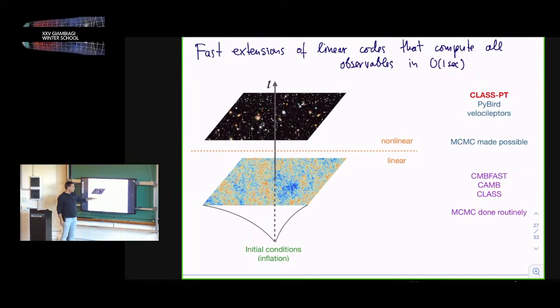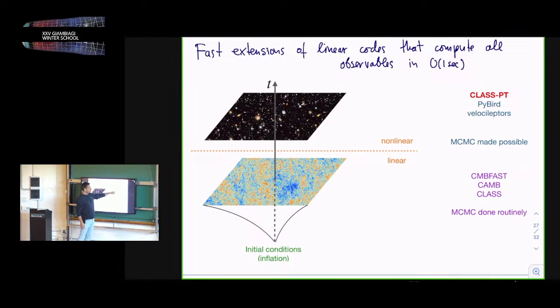If you want to compute any nonlinear observable, you can download any of them. I worked on one of those, but all of them are fine, and they're going to give you basically anything that you want: nonlinear dark matter, galaxies, galaxy-matter cross spectrum, really whatever you want. And they're very, very simple to use.